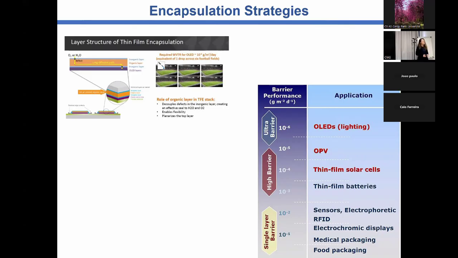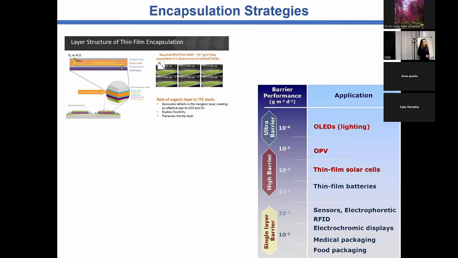The OLED must have an ultra high barrier because of the degradation. So one small quantity of water or oxygen can induce degradation. So the barrier performance must be quite higher.